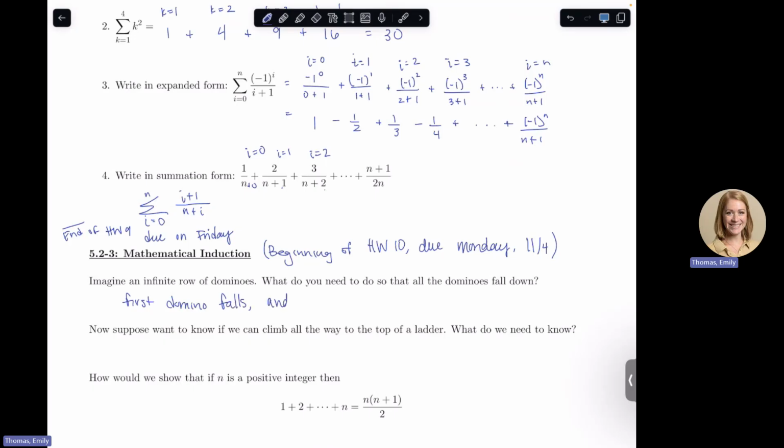And if a domino falls, the one behind it will. That makes sense, right? That is how you would know that they were all going to fall: the first one falls, and anytime a domino falls, it knocks over the one behind it.